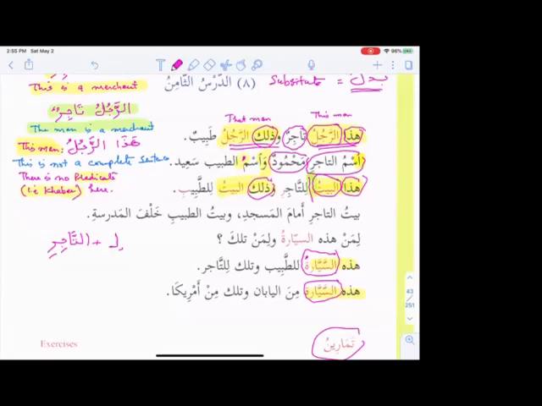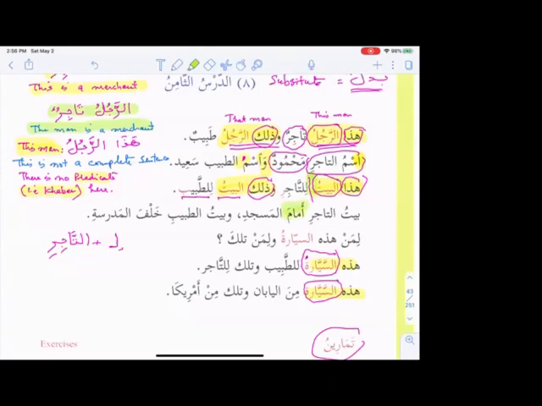This house belongs to the Tajir. Hadha al-baytu mubtada, baytu badal, littajiri jar majrur, shibu jumla khabar. Fine. Now, baytu tajiri, this is something else Dr. Abdurrahim wants us to learn, inshallah.